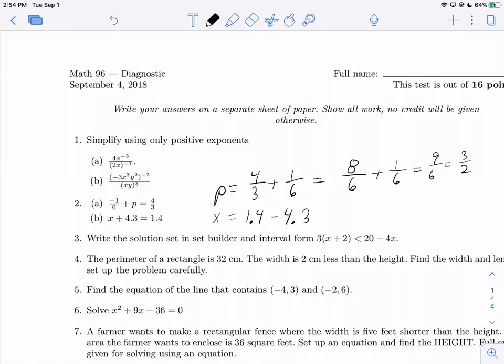How far apart are they? They're 29 units apart. So 14 minus 43 is negative 29. But we're talking about 1.4 minus 4.3, so this is really just negative 2.9.